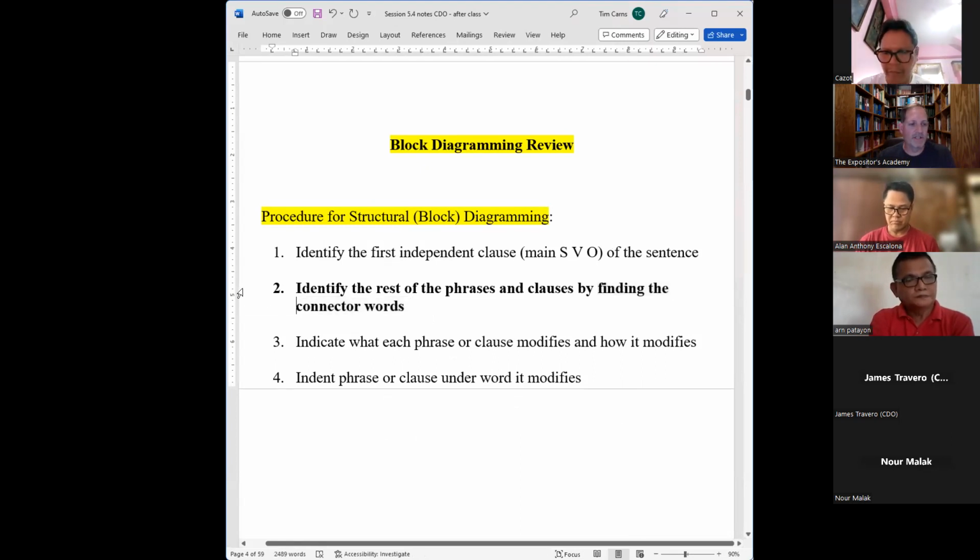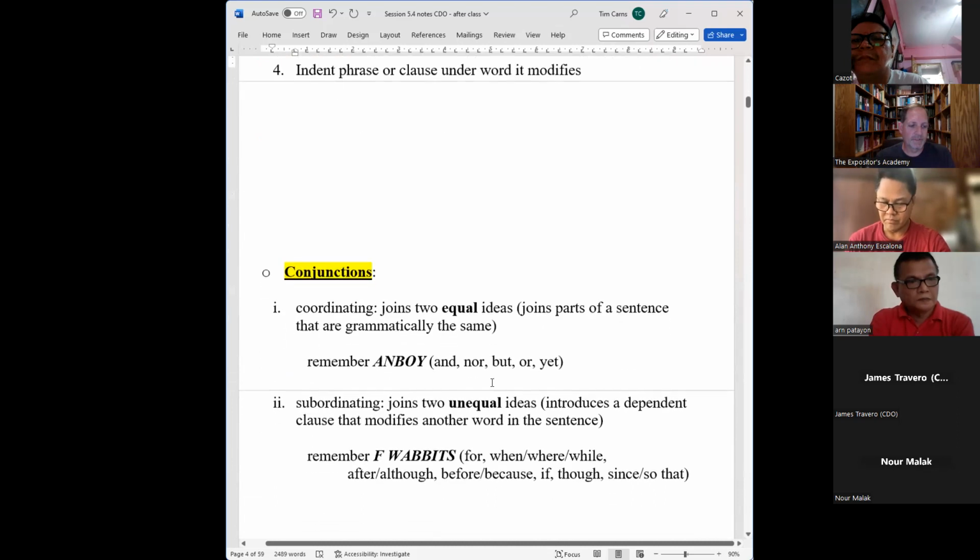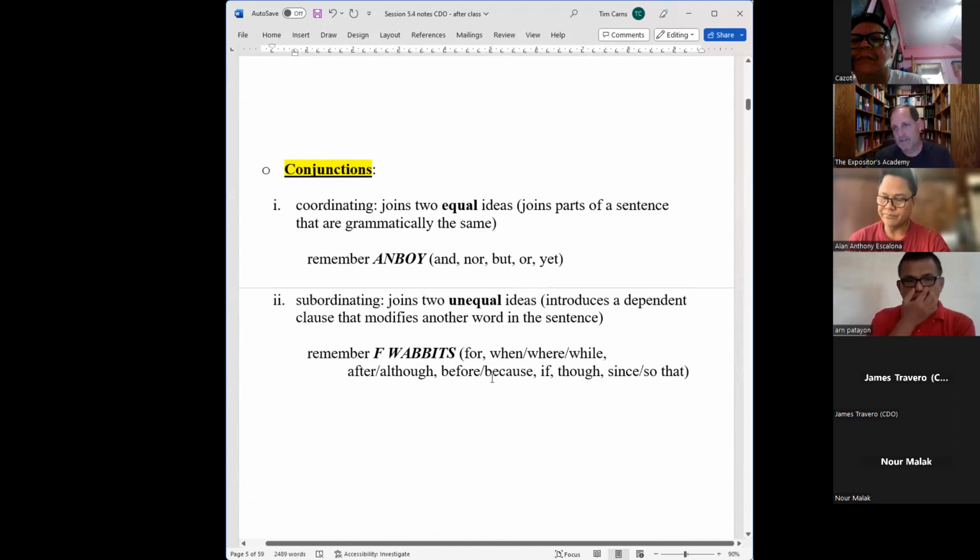But what I would like to do today is focus on what is necessary and helpful to do this second step, and that is identifying the rest of the phrases and clauses. And we do that by uncovering those connector words.